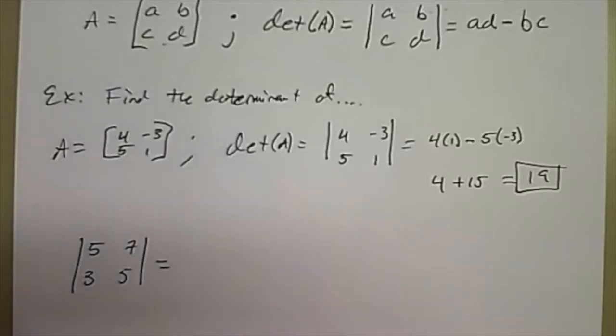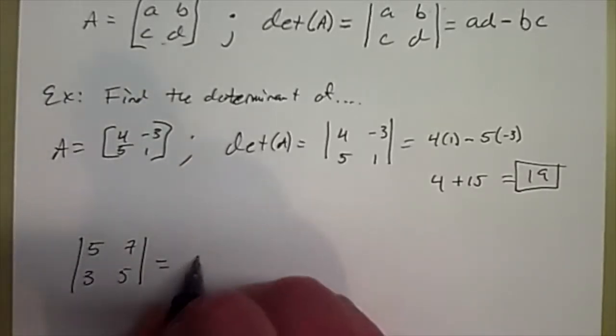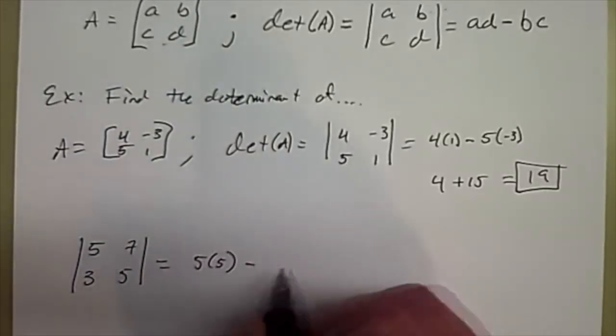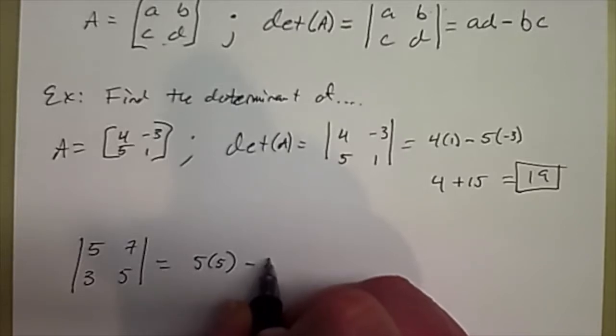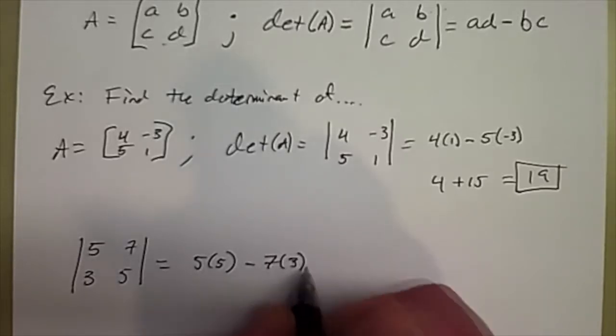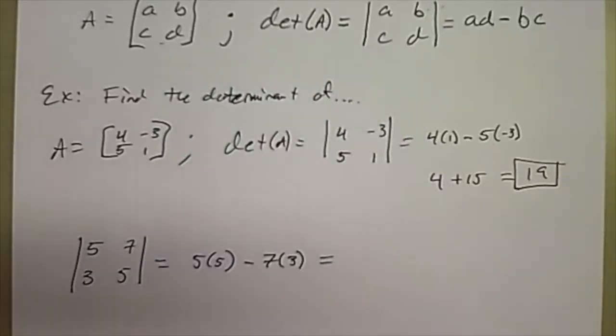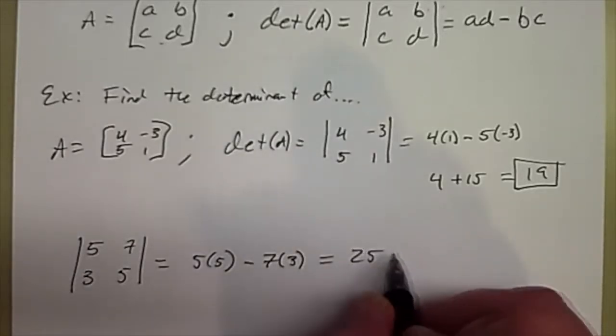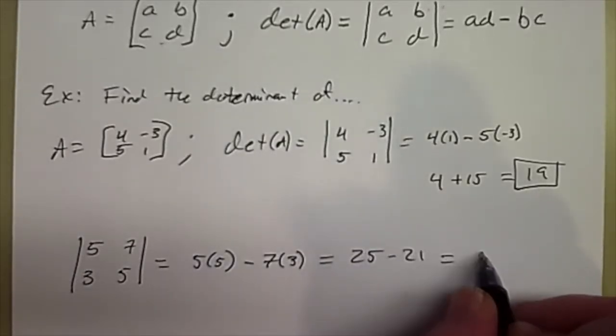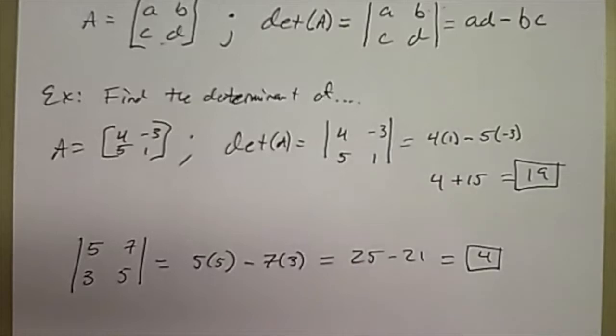The determinant of this guy is going to be 5 times 5 minus 7 times 3, which gets us 25 minus 21, and I get a 4. Okay? So that is finding the determinant of a 2x2 matrix.